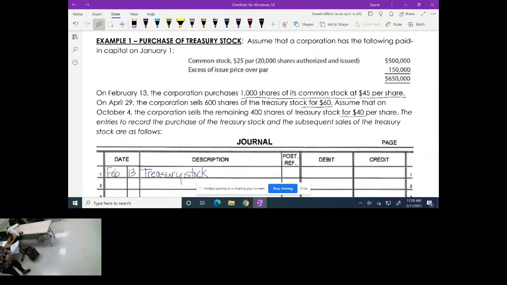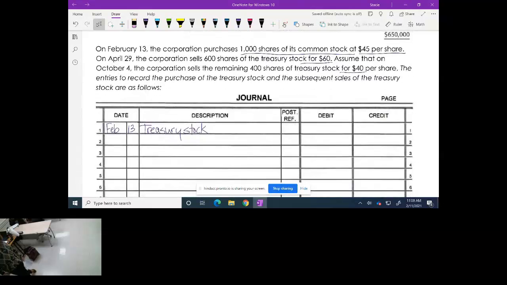Thank you, Pablo. All right, so in this problem, we have a corporation with the following paid-in capital. We've got common stock, 20,000 shares authorized and issued, and paid-in capital in excess of par common stock. They tell us on February 3rd, the corporation purchases 1,000 shares of its own common stock. So it's rebuying its stock off the market.